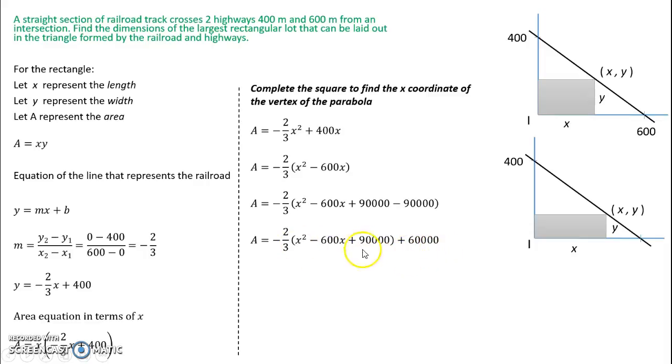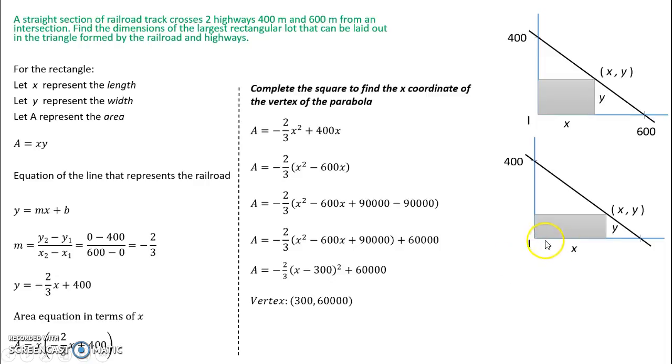The last step is to change this into a perfect square, x minus 300 squared. Now we have the quadratic equation in vertex form, and from this we can conclude that the x coordinate of the vertex is 300, and the maximum area is 60,000.